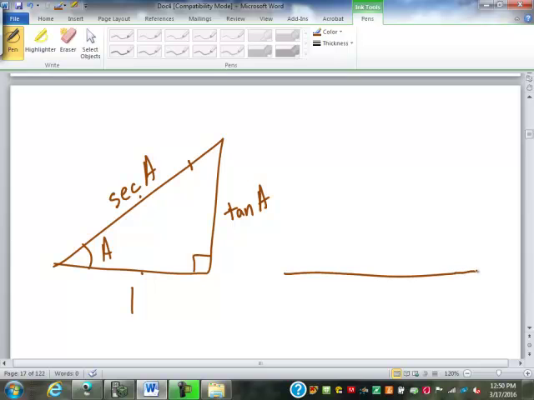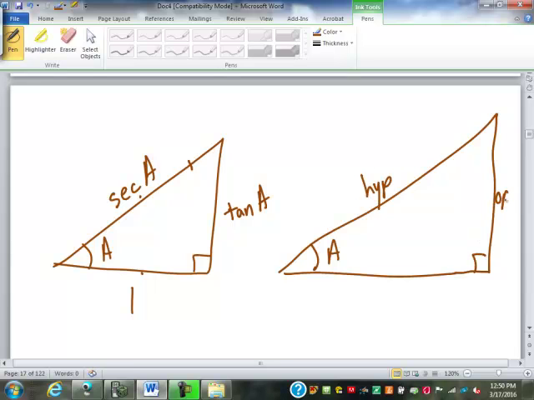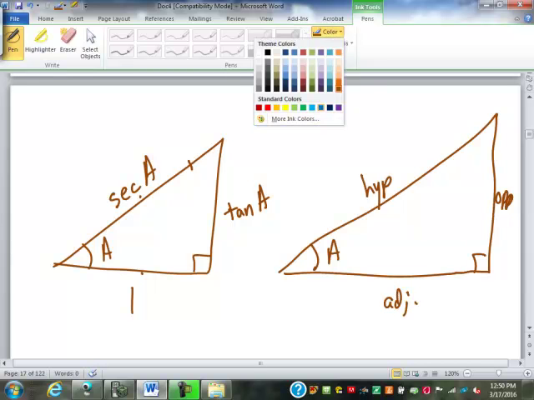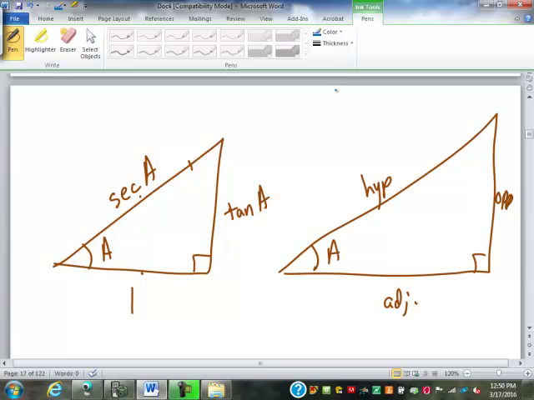And we still have our other triangle here. This is angle A. This is a right angle. This is our hypotenuse. This is our opposite. This is our adjacent. So now to define tangent, what other side of this triangle do I want to use? The 1, right?